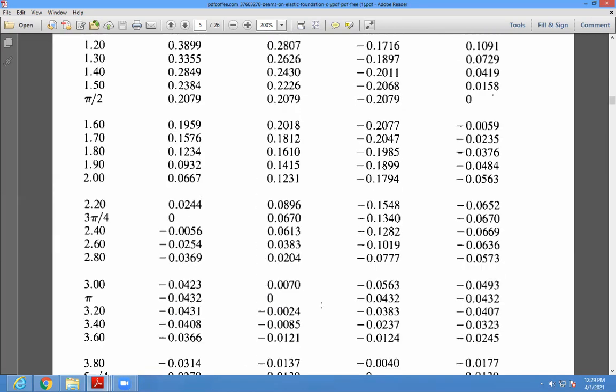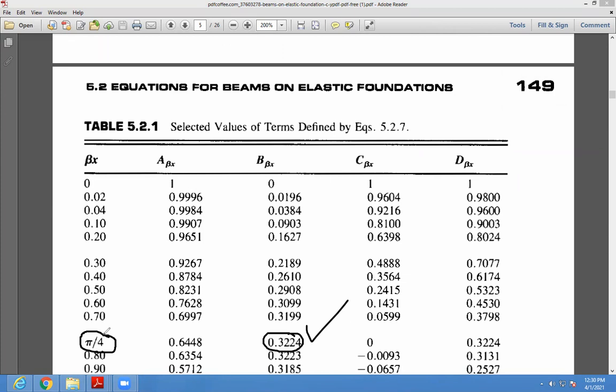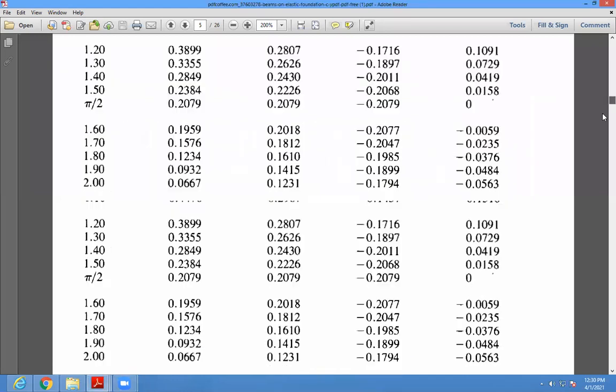No. So if you refer to these values, this will be the maximum value of b beta x, and it occurs at beta x equal to pi by 4. So at beta x equal to pi by 4, the maximum value of b beta x is 0.3224.